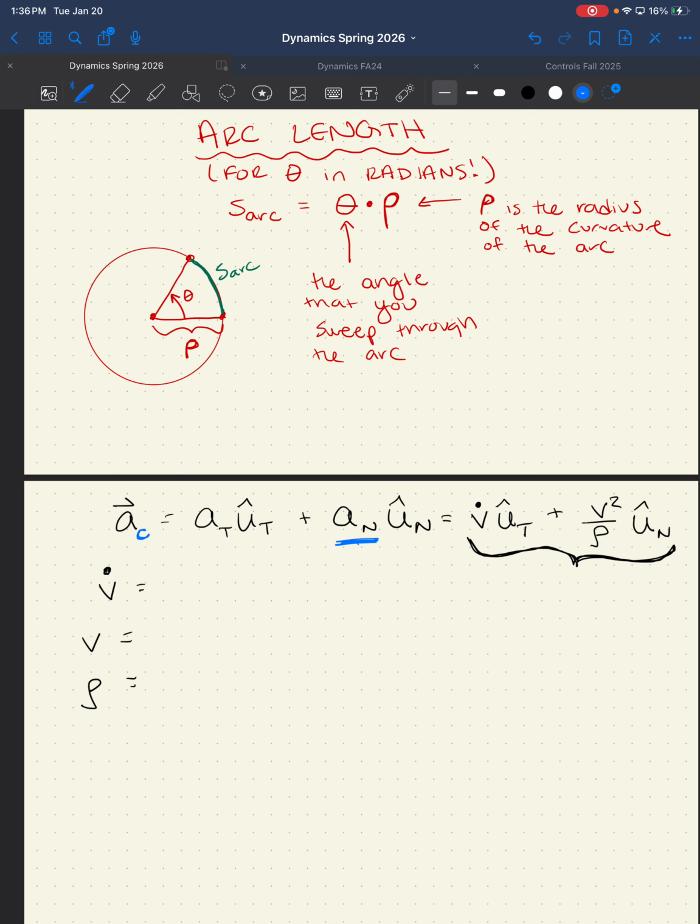Okay, so now we can again separate variables. V dt equals ds, integrate, and I want to integrate from initial time to final time. So initial position 0, final position SF. All right, let's see, do we have an expression for V?